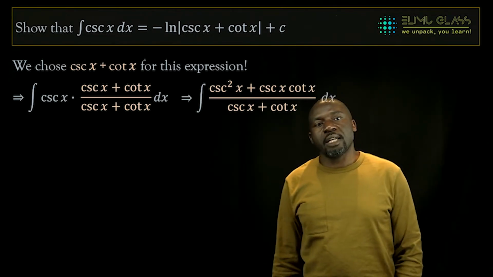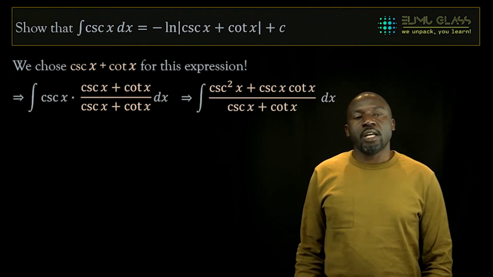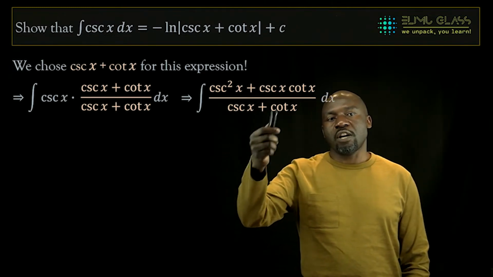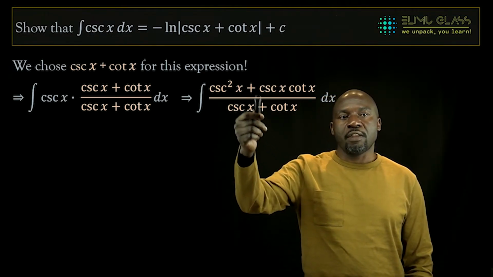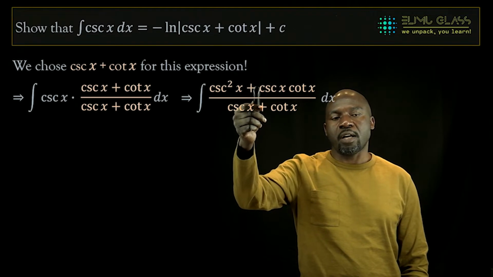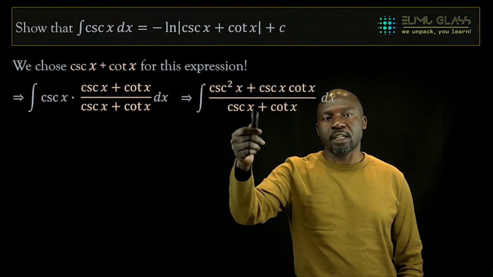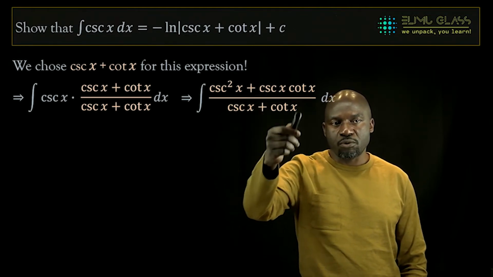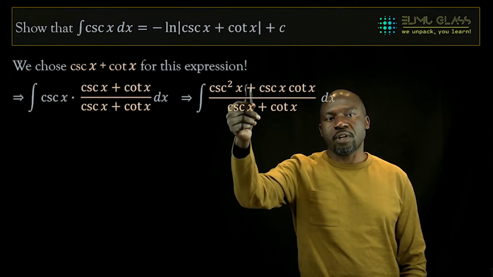Now, why exactly are we using this substitution? It is because the numerator is now the derivative of the denominator. In other words, if we let the denominator be u and differentiate, we are going to get the numerator.